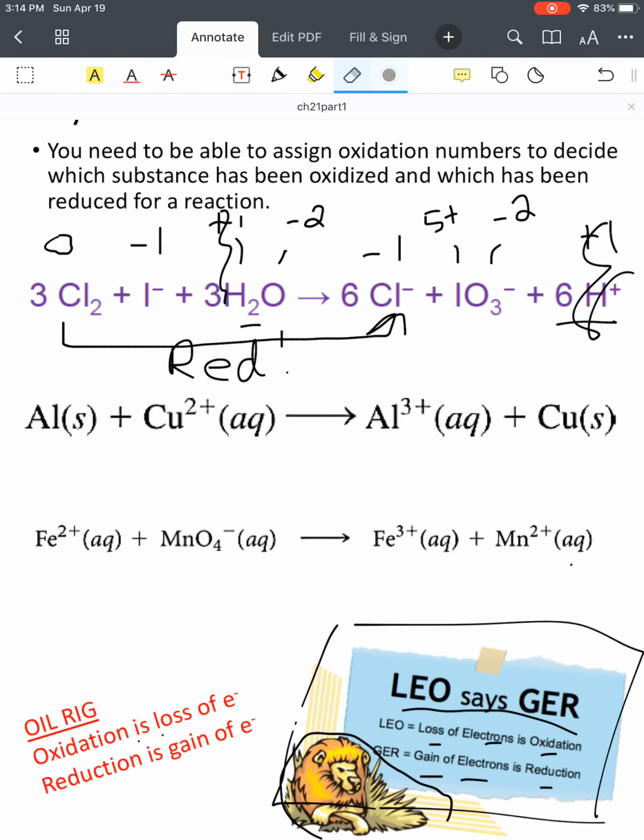The iodine went from a -1 to a +5, didn't it? That's a big change. So can't we say that our iodine has been oxidized because it's experienced an increase in the oxidation number? All right, so sure enough, we can identify things that have been oxidized or reduced.